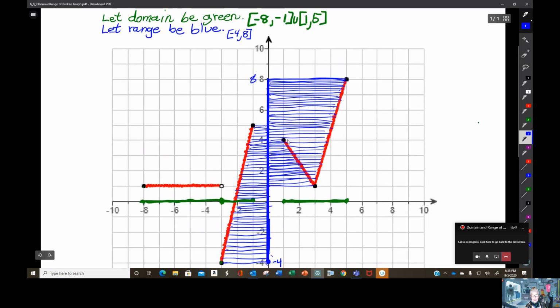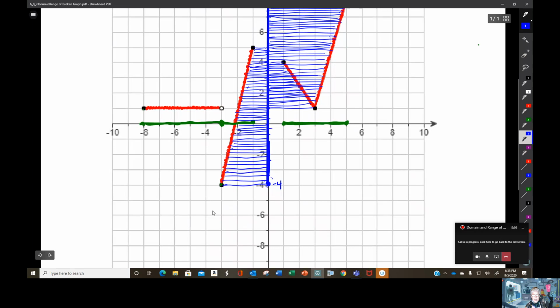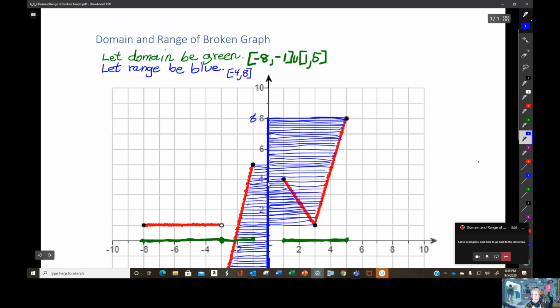Okay, and here too. That point is solid, so that y is really there, so I use a bracket, and this point is solid, so I use a bracket at -4 as well.